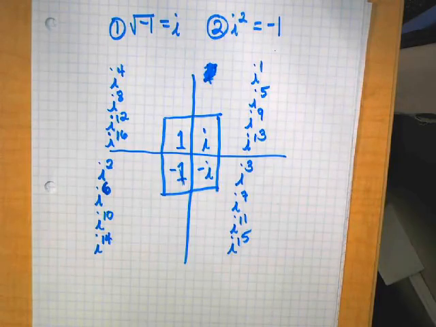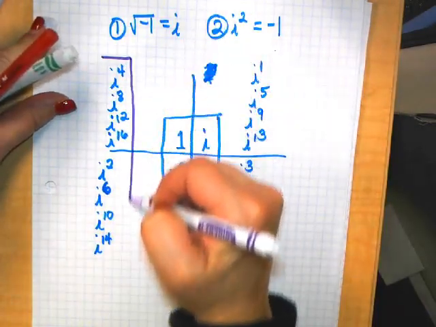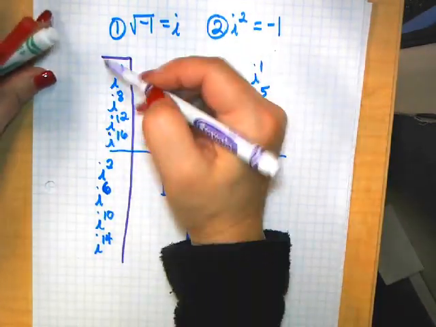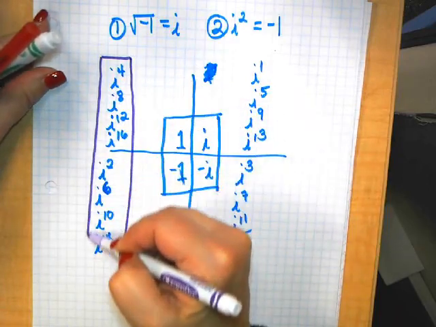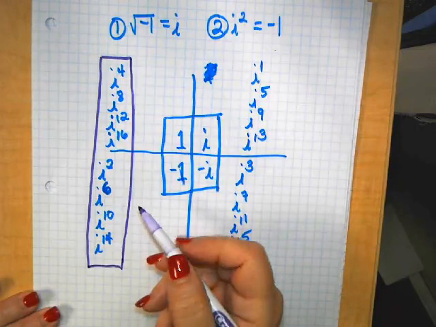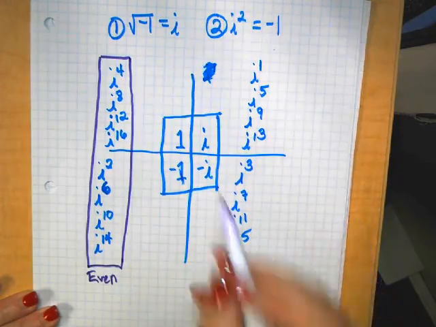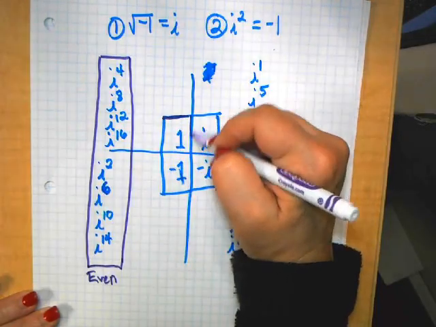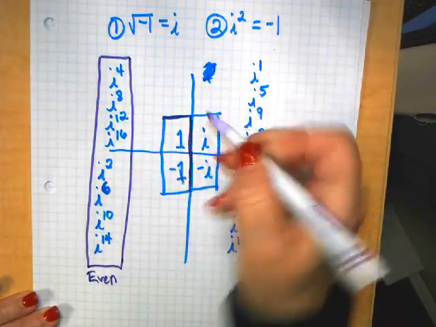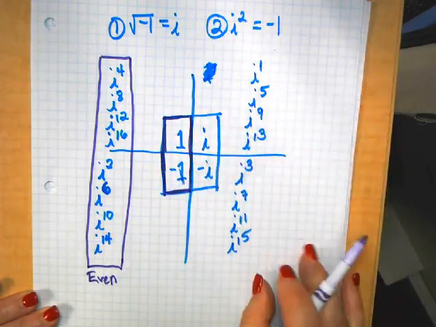Why am I pointing that out? If your initial power, meaning all of these here, is even, then your result will always be either 1 or -1. That's for the initial power. Does that make sense?